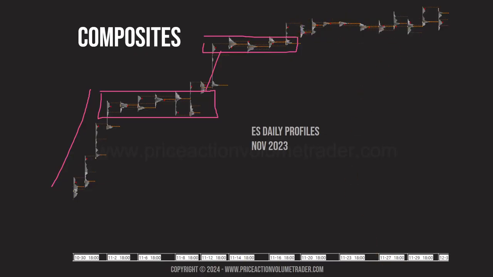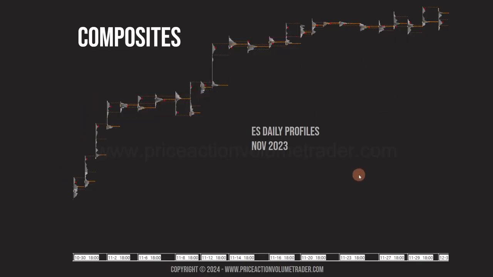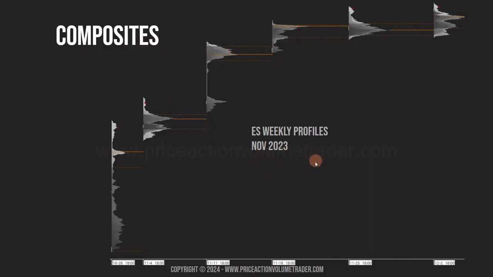Okay, if we take this same chart, but now we want to see it as a weekly, so pretty much 5 daily profiles together from Monday through Friday, this is what we would get. These are weekly TPO composites, and each one of these TPOs is Monday through Friday, so you can clearly see the value migration or the trend up.